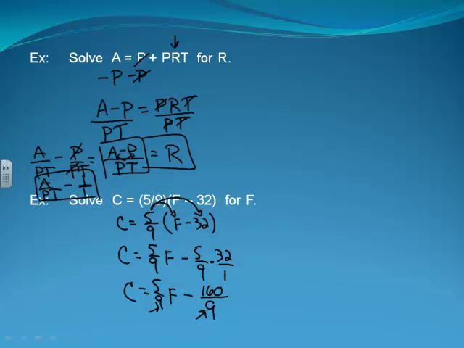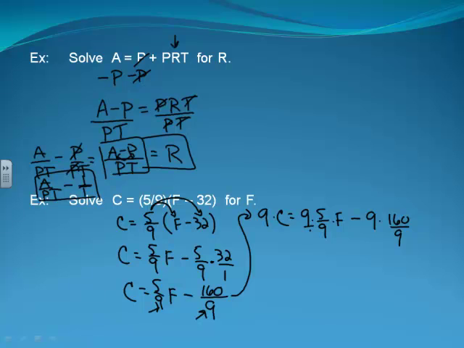So to clear those fractions, we're going to multiply each term by 9. Remember, each term is separated by addition, subtraction, or an equal sign. So you need one multiplication by 9 for each of those. So we've got both sides. 9 times C is equal to 9 times 5/9 times F minus 9 times 160 over 9.